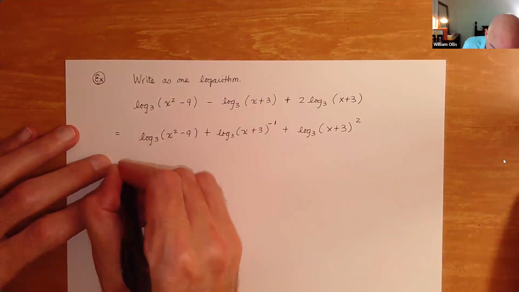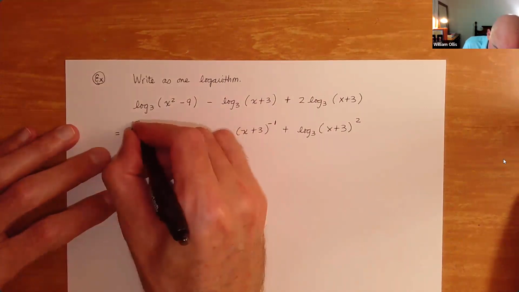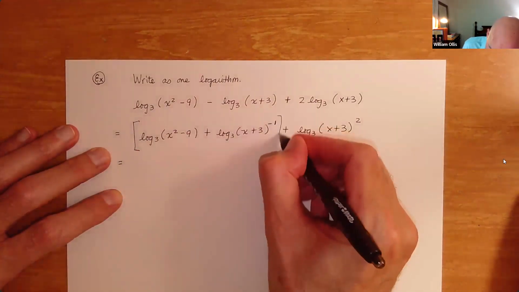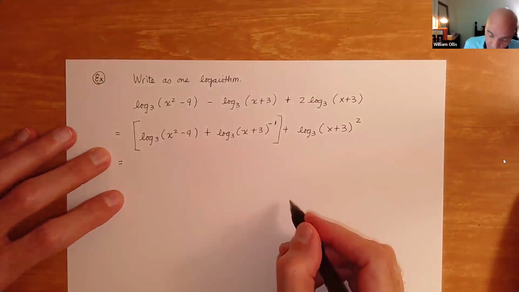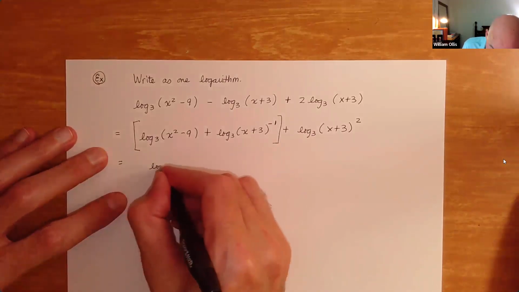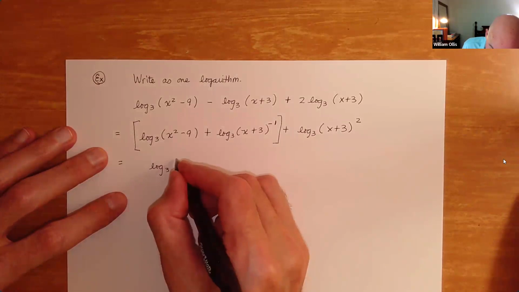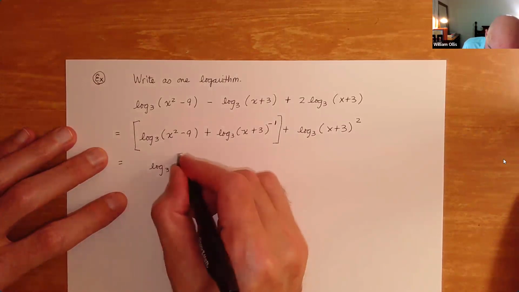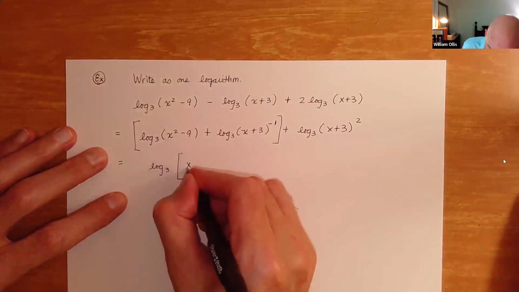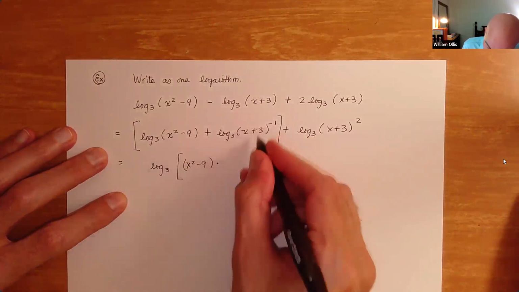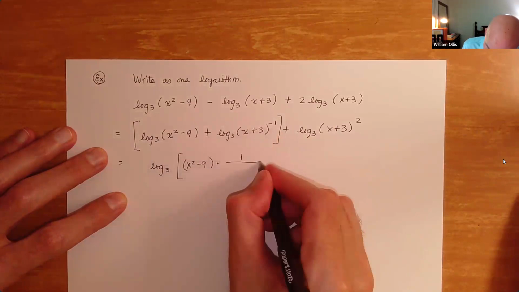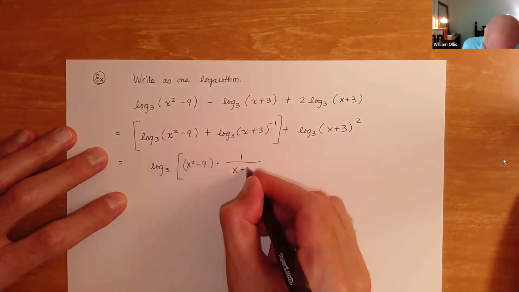Now we can associate. So we'll do these first. We'll associate the first 2 logarithms. So we have the base 3 logarithm of x squared minus 9 times, and now I'll go ahead and flip this. 1, I'll just leave out that step since we're getting pretty good at it.